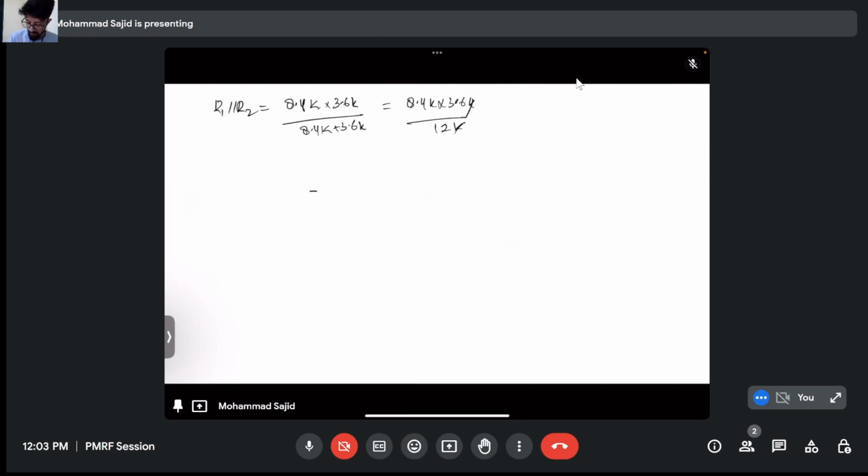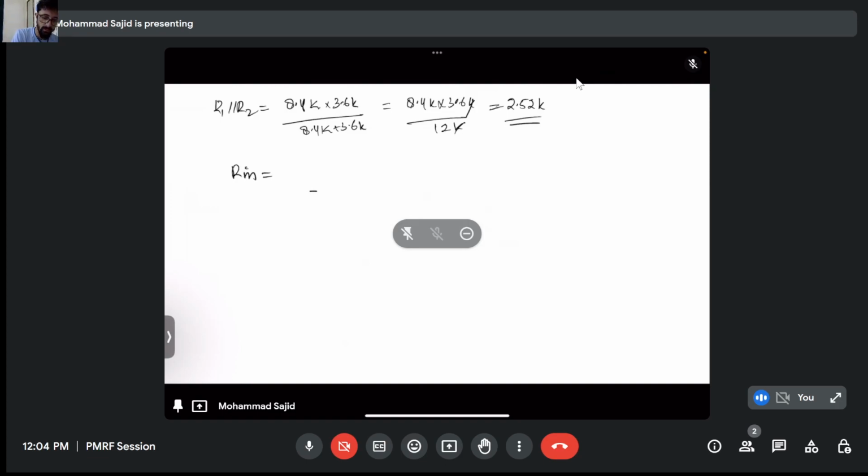Let's just calculate. It comes out to be 2.52K. Okay, so now we have R1 parallel R2 and now we can find Rin.